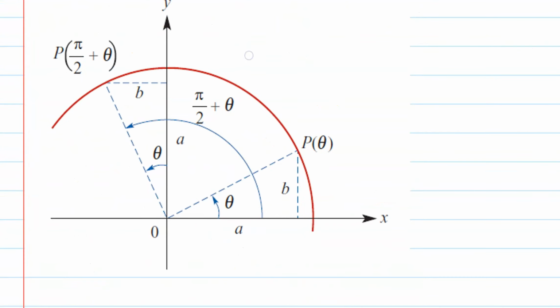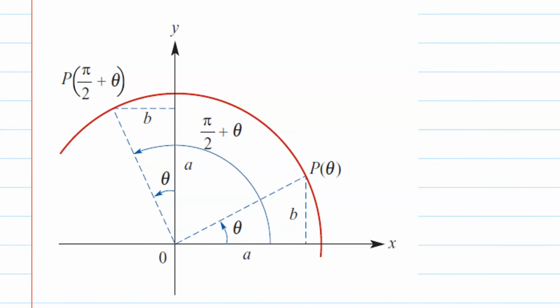In this diagram, I haven't stopped theta before 90. Rather, I went past 90 degrees and then went another theta, which means 90 plus theta, pi on 2 plus theta. Again, in the same manner, the length here is the same as the height there.